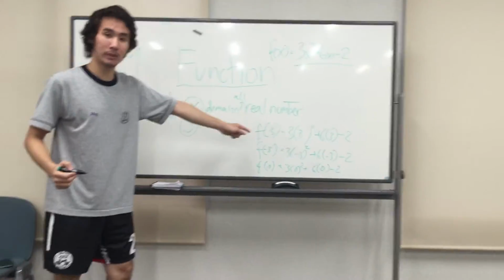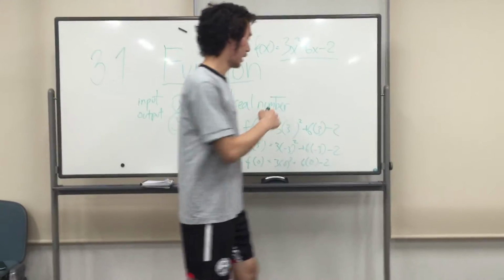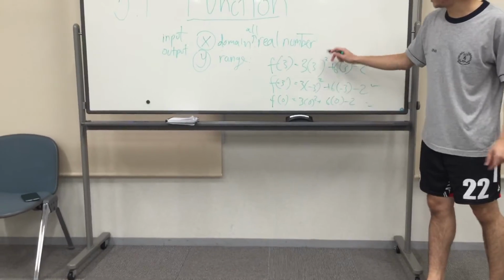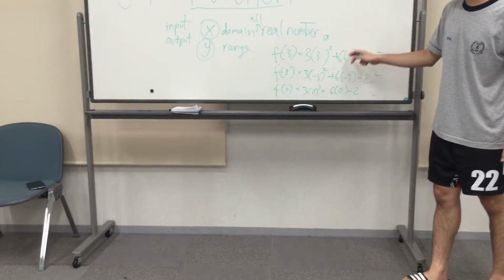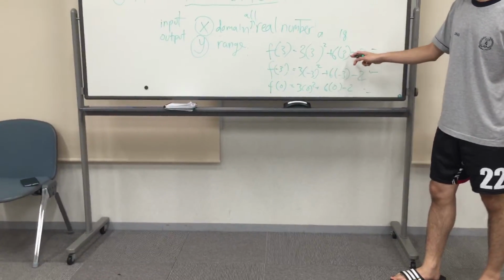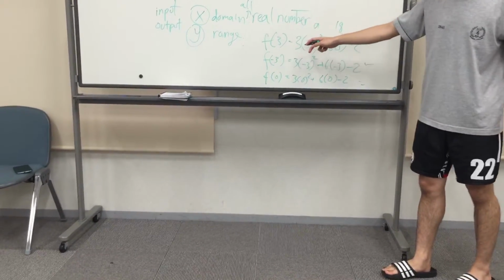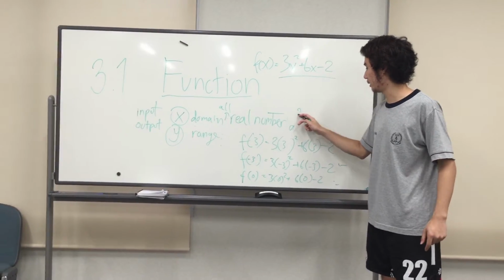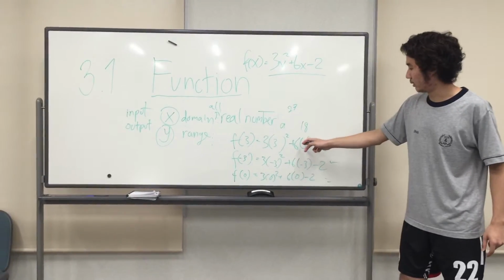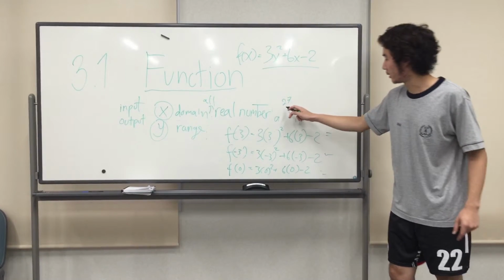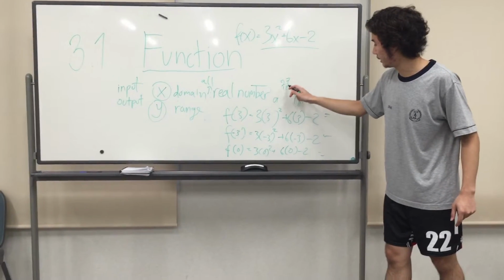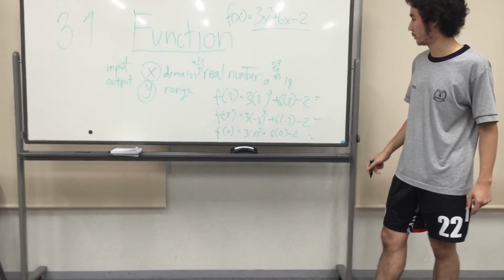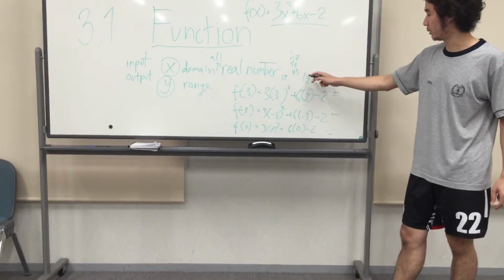We got all the functions already. Let's find the output of it. First, 9, 18. 9 times 3, what is it? 27. Plus 18. 27 plus 18 is 45, minus 2 is 43.